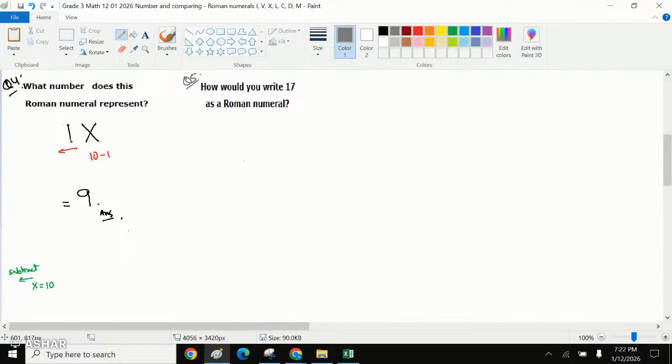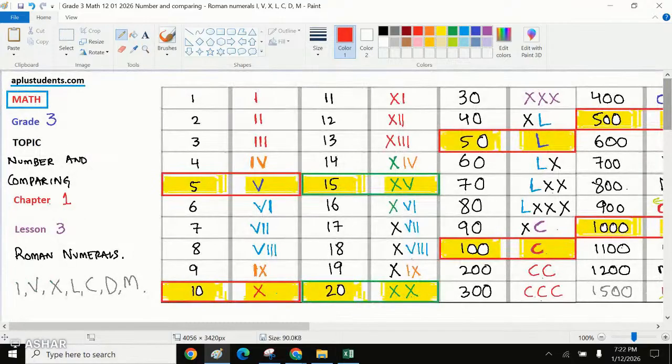So can we write 17 as 15 plus 2, right? 15 plus 2 would be easy, right? 17 can be written as 10 plus 7 or 15 plus 2. 15 plus 2 is easier for us because we already know that 15 is XV, 10 and 5, right?